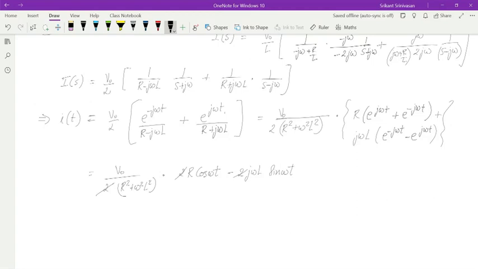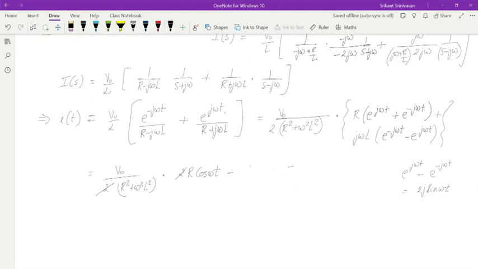And this should have actually been divided by 2j. So it is sin omega t by j. So this j will also cancel out, because e power j omega t minus e power minus j omega t is equal to 2j sin omega t. So what I should have written is minus 2j sin omega t.